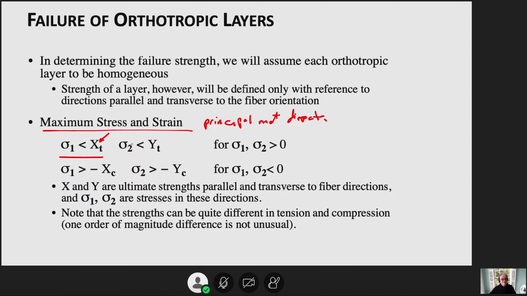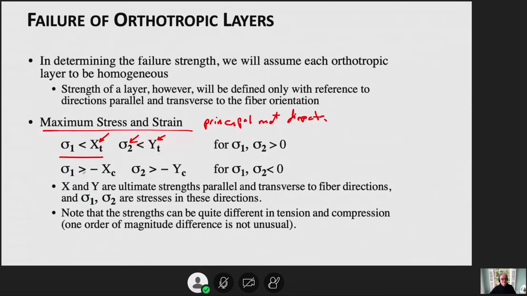Then we look at stress perpendicular to the fiber direction, and we compare it with the tensile failure of the matrix, and that would be YT.